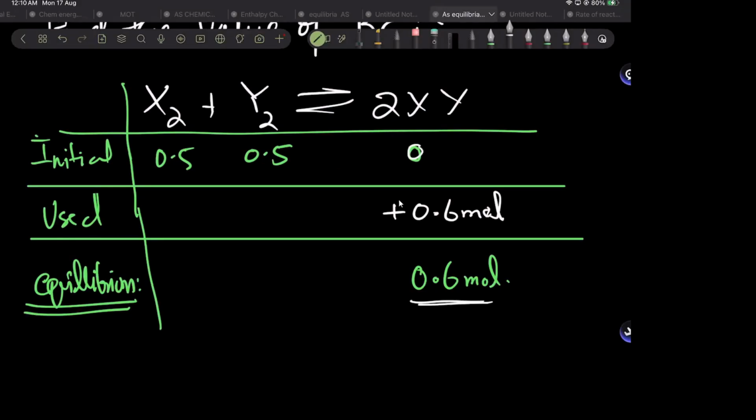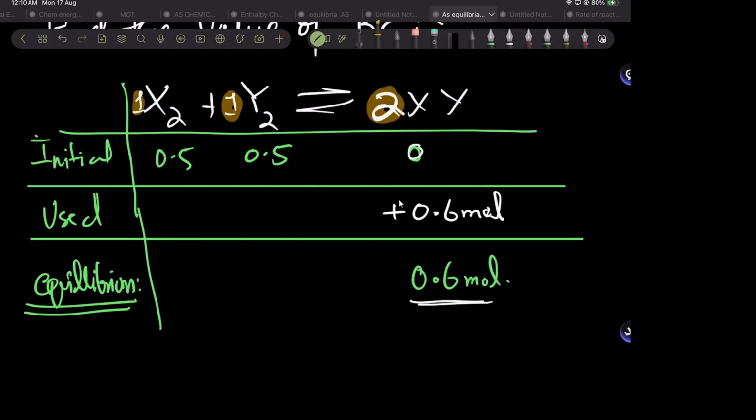So in order to produce 0.6 moles, how many moles of Y2 and how many moles of X2 must be reacting from the other side? We know from the equation that if 2 moles of this are produced, then 1 mole of this reacts. That means half of Y2 reacts and half of X2 reacts.